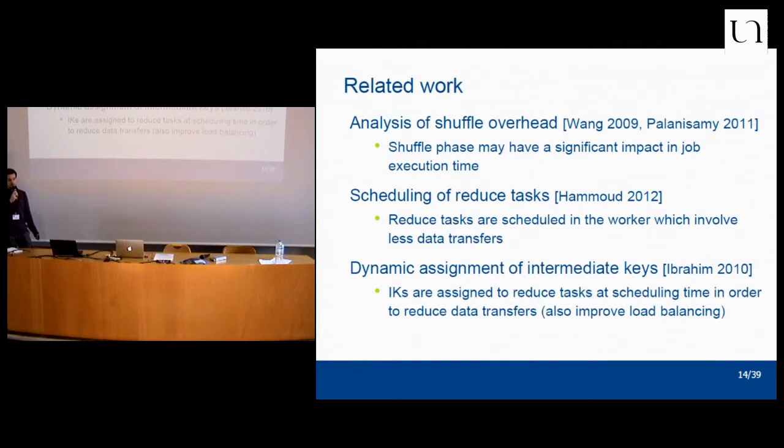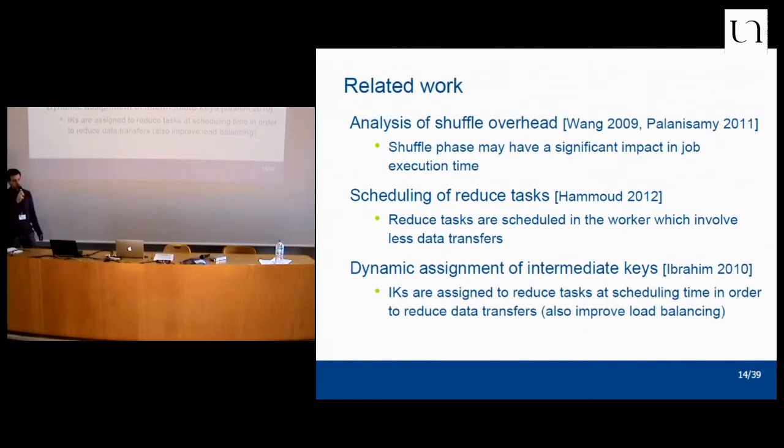So there have been some works that have tried to optimize this phase by reducing the number of transfers through the network. In the first approach, they try to schedule reduce tasks in the nodes that will minimize data transfers.